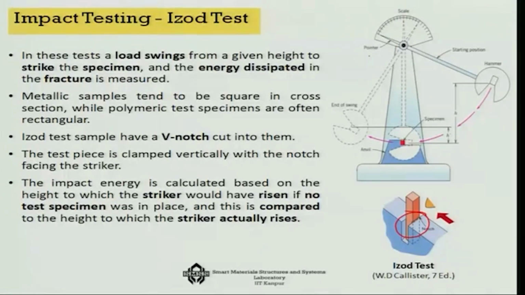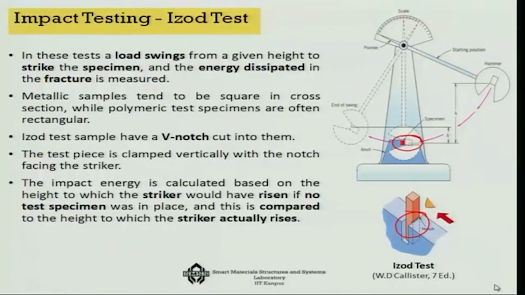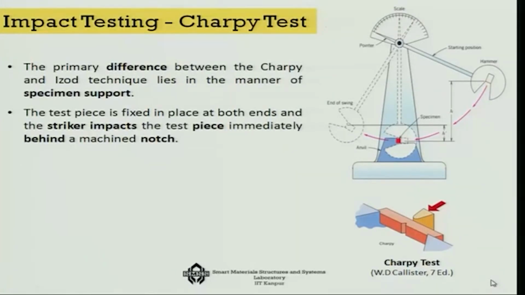You take the ratio of the two, the return ratio, and that gives a measure of how much energy is absorbed by the material, which is a measure of its toughness. Similarly, there is another very similar test, known as the Charpy test.